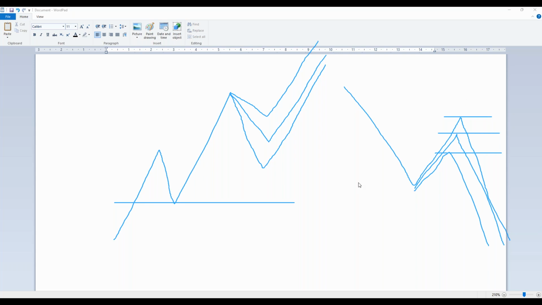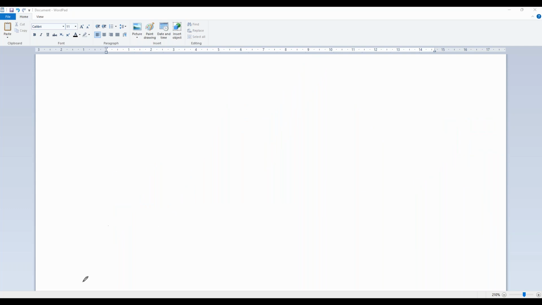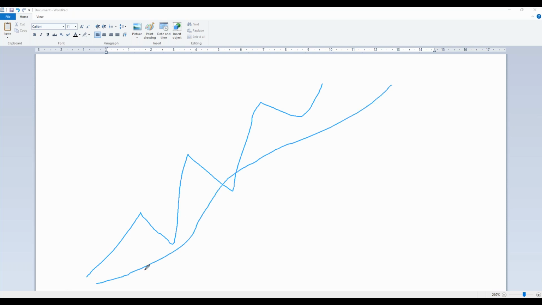So let me recap quickly before we go on. We're finding a market that is trending. We might throw on some moving averages. We don't have to, but I like them. I think they help us. We're then looking for a market where ideally we're trying to find an entry. So we're looking for a market that is now on its way back down. It's in a retracement phase, and we're going to be measuring the Fibonacci levels here.